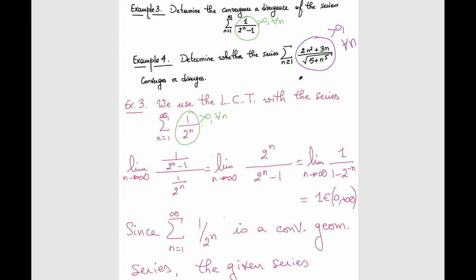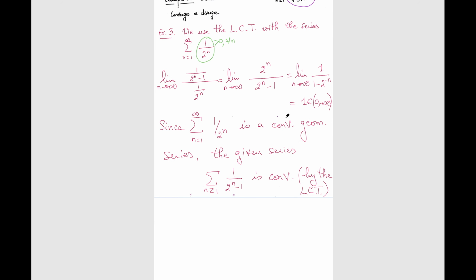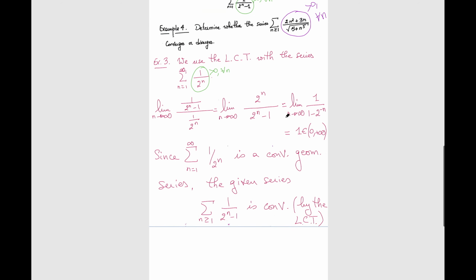And who's that series that I'm going to compare it to using the limit comparison test? Well, I'm going to take the leading or the dominant term upstairs, which is 2n squared, and the dominant term downstairs, which is n to the power 5. Correct? So let me just write it here, example 4.